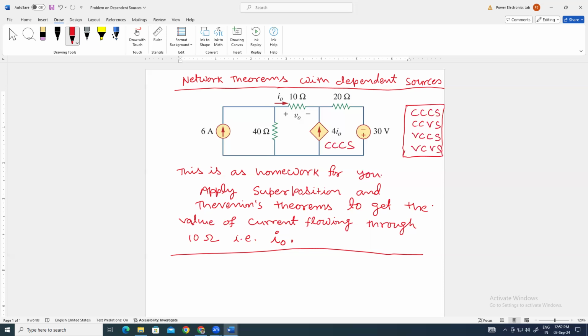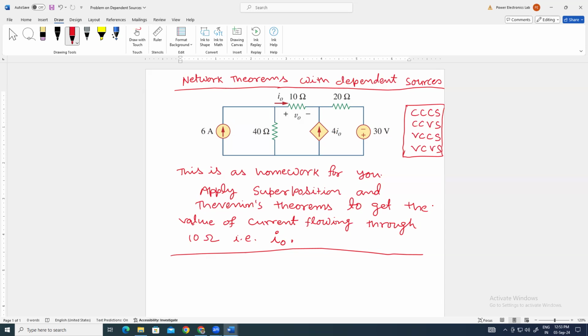In that diamond shape, if it is a current source, the current direction is represented. If it is a voltage source, the polarity plus minus is represented. And this 4 is just a constant multiplier for I naught. It is depending on I naught with multiplication of 4, so this value is 4 I naught.